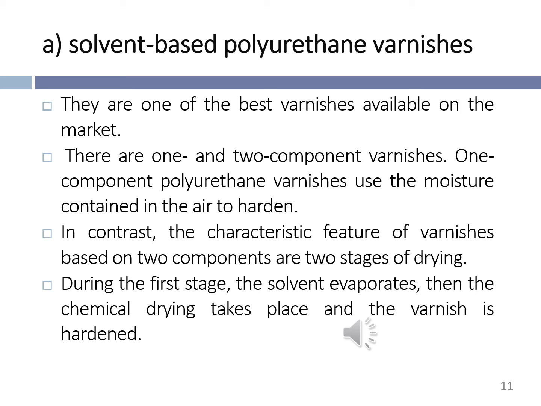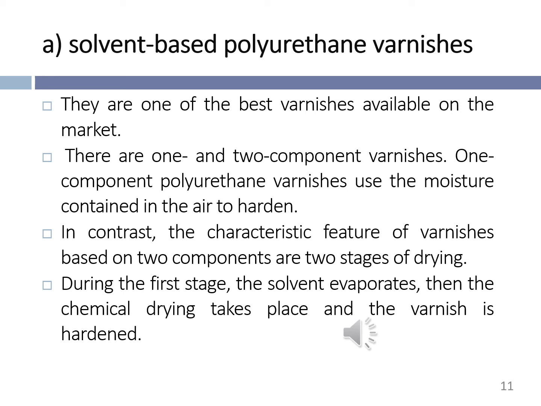What are the functions of one component polyurethane varnishes? They use the moisture that is contained in the air to harden the coating. In contrast, the characteristic feature of varnishes based on two components is two stages of drying.